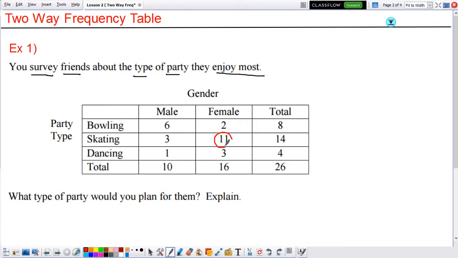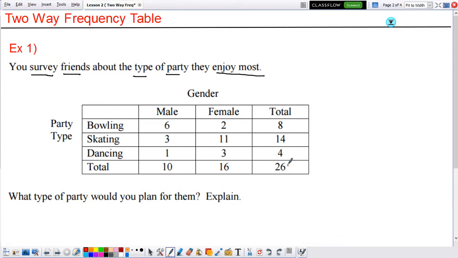What 11 means is that there were 11 females who answered skating, and what 1 means is that there was only 1 male who preferred a dancing party. So this is how you can read this kind of a table. You just look at the number that you're interested in, see which column and which row it is on. This is on the column of females, and this is on the row of skating. So this means that there were 11 females who answered skating as their favorite party. So this is how you read this kind of a table.